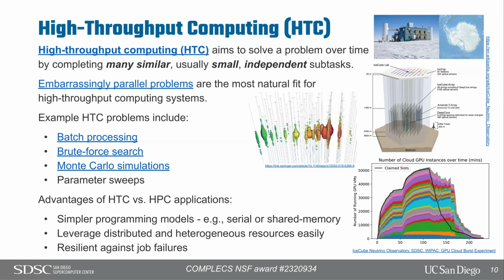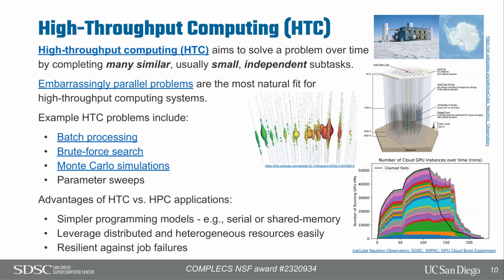Other problems like brute force search, or maybe you have a parameter sweep in some model that you want to run where you're just varying one variable and keeping all the others fixed, but you have to run a million different values of that one parameter.